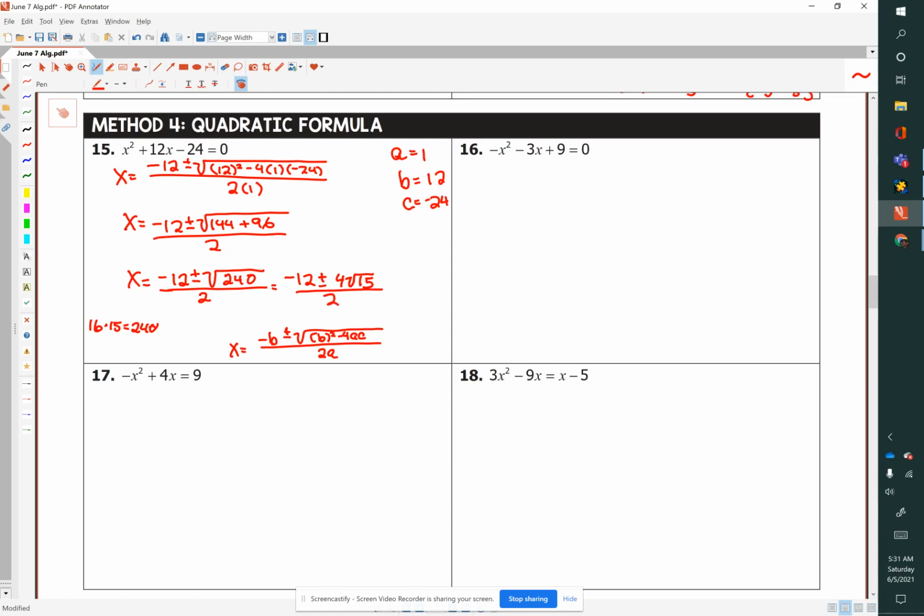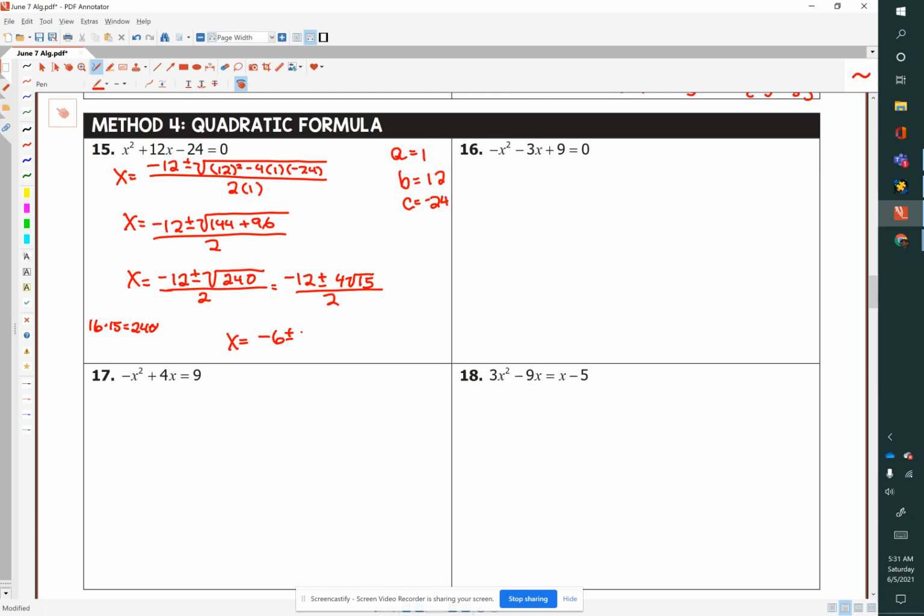And I'm going to erase my quadratic formula so I have room for the answer here, which will be x equals. So I can divide the -12 by 2. So that will give me -6 plus or minus.